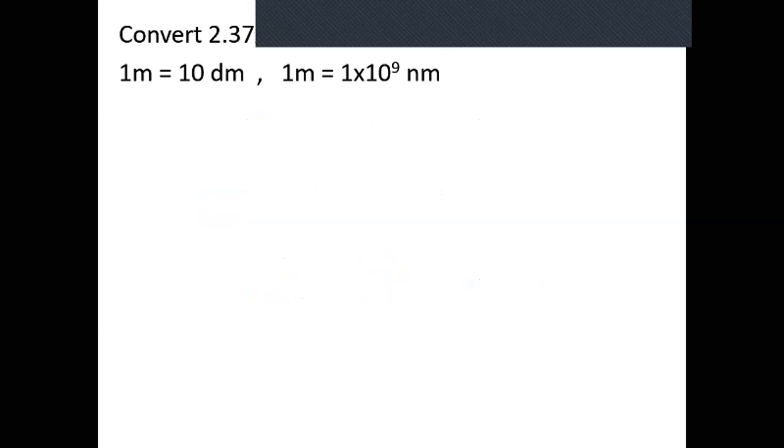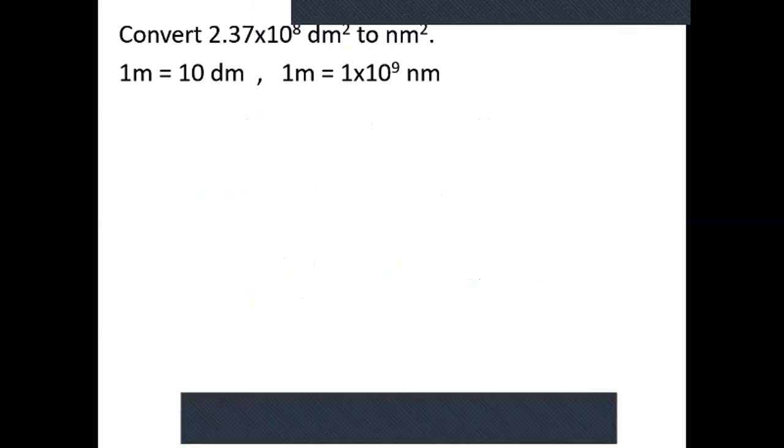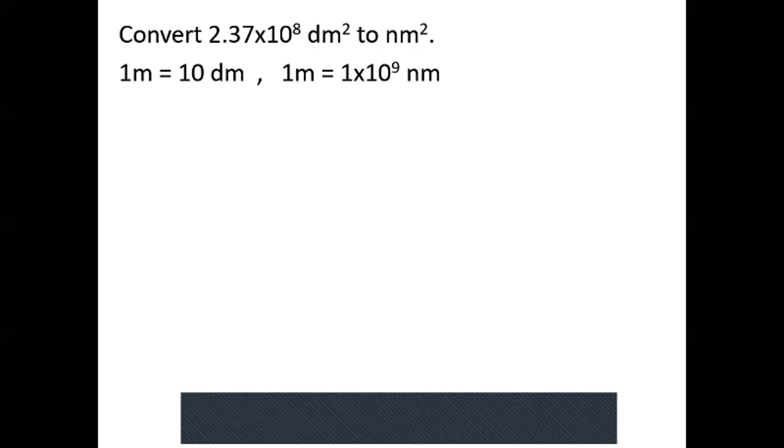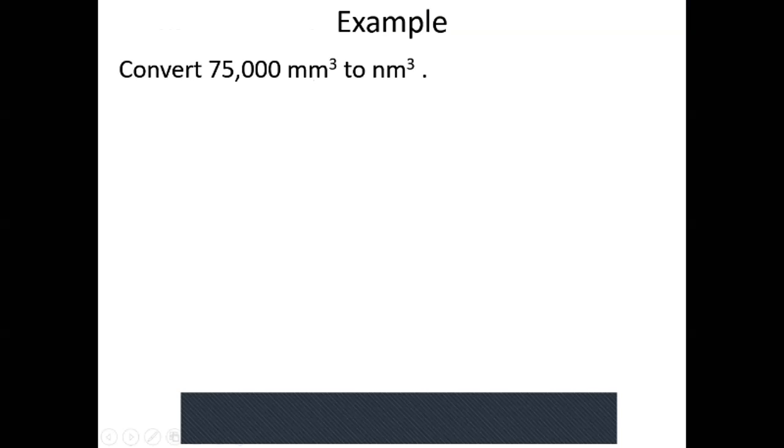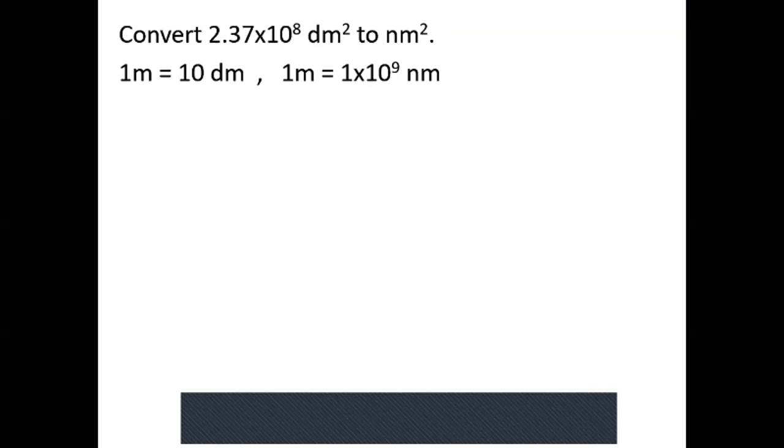So one more example with squared, because it's a very common one students trip up on. Here we want to convert decimeters squared to nanometers squared. Again, we give them the conversion factors of meter to decimeter and meter to nanometer. To get the square, we're going to have to square those conversion factors.